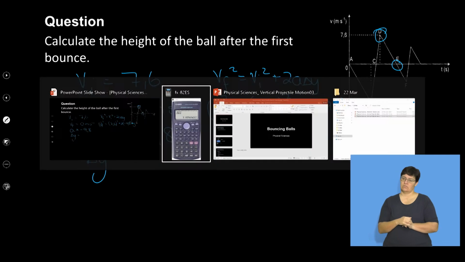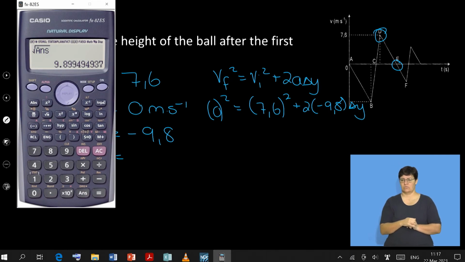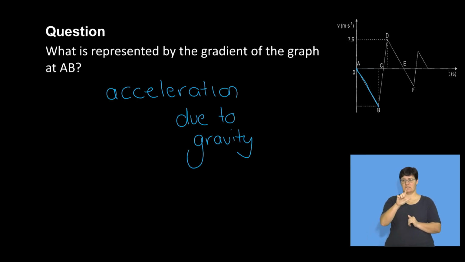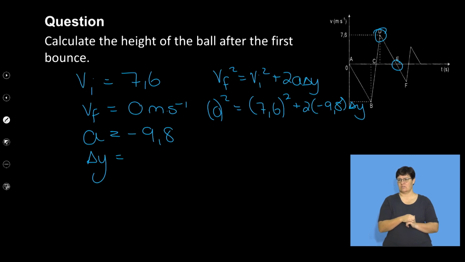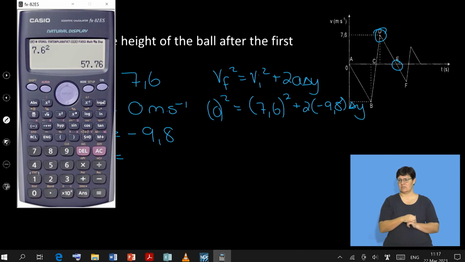So I'm definitely going to need to put this on my calculator. So 7.6 squared, which I'm now going to put onto this side, so it's maybe I should just pay attention to what my calculator is telling me, because I didn't.